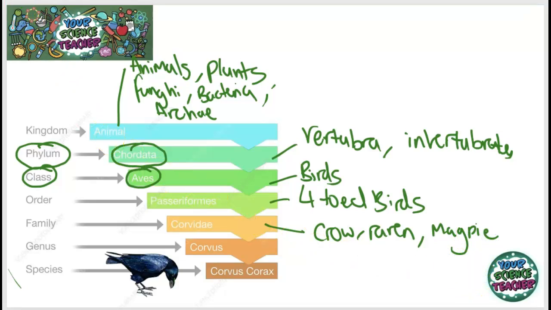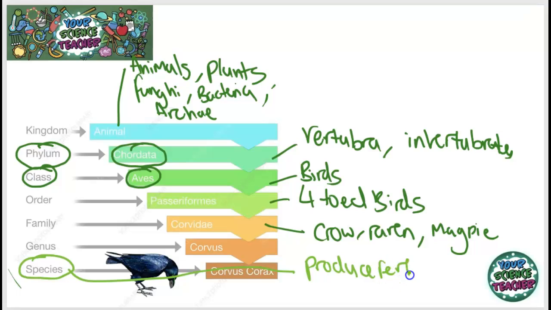Now, you may say you've understood all of this, but you don't really understand what makes a species separate from one another. So what makes a crow different from a raven and a magpie? Basically, a species is something that can produce fertile offspring.